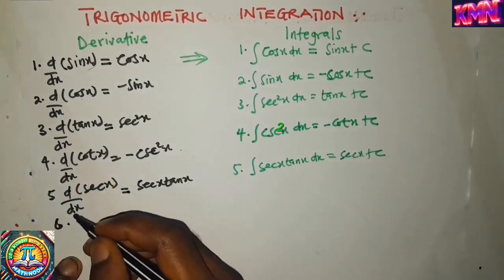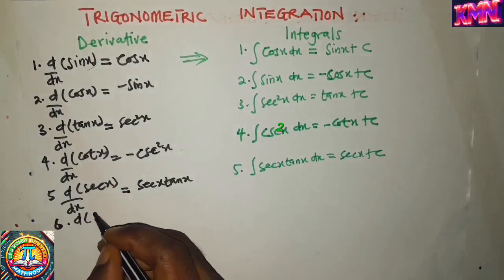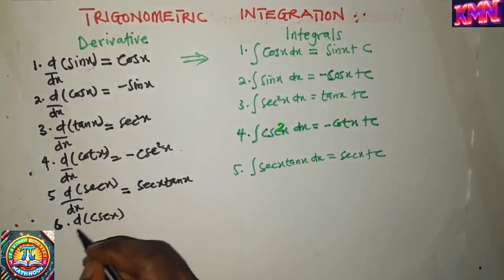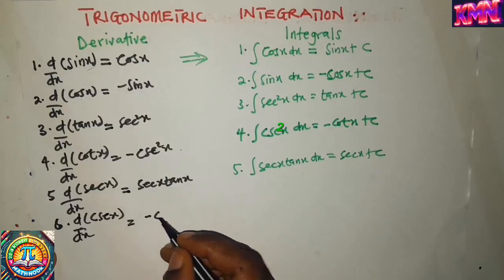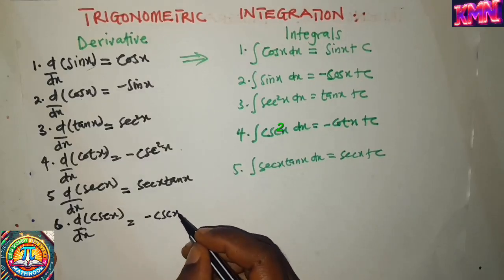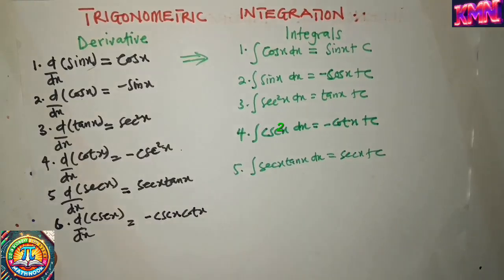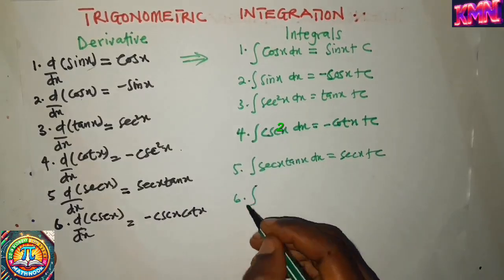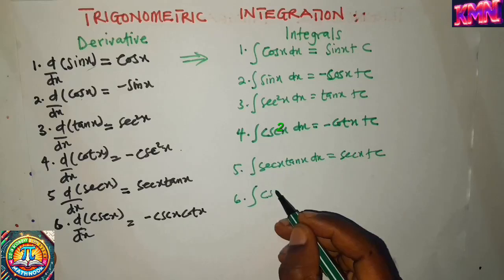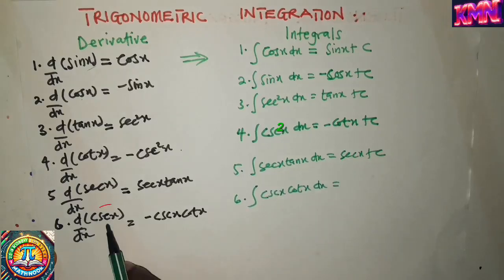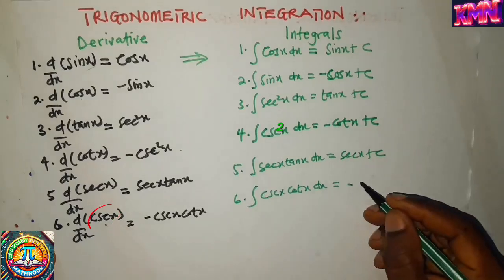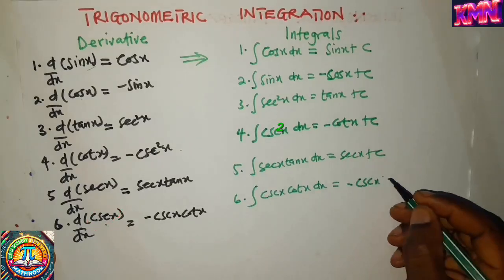Then number 6, the derivative of cosec x is negative cosec x cot x. Hence, the integral of cosec x cot x dx is negative cosec x plus c.